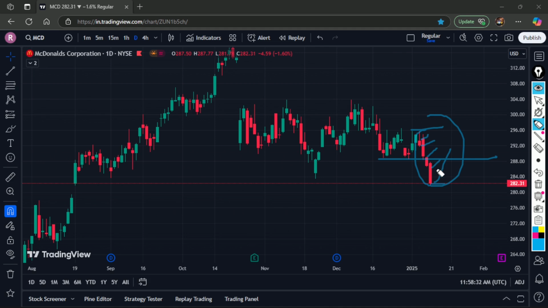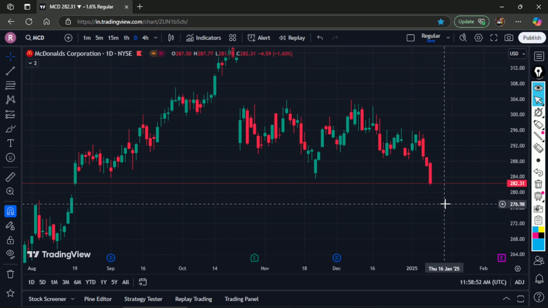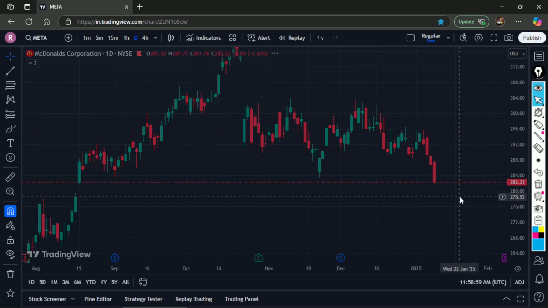So if a green candle is made near about this level, and after that it goes downside, then this will be a very good spot to sell with a small SL. So instead of selling, I am interested in buying here. I'm expecting a buying kind of scenario, not any selling move for now.